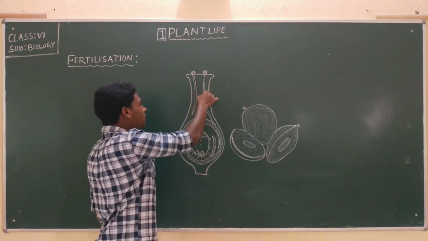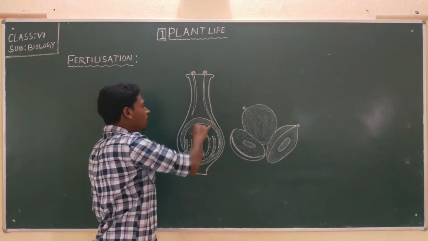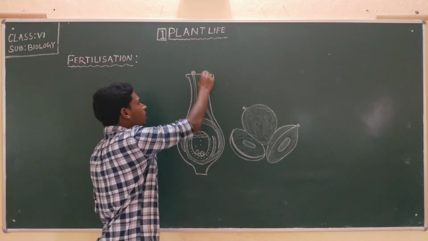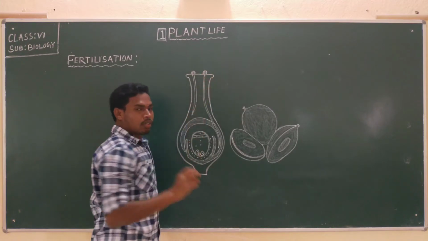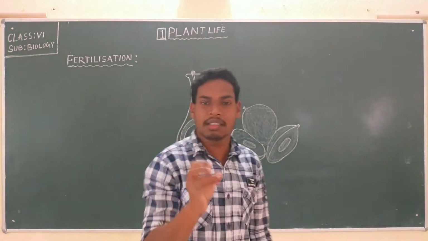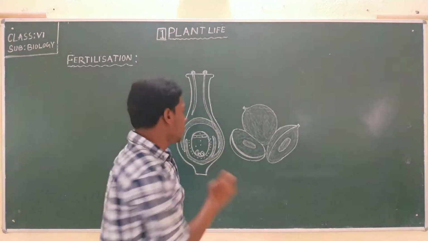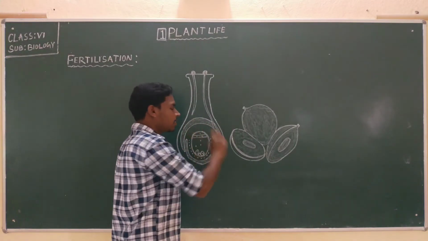Through this pollen tube, the pollen grain, which contains the male sex cell, gets inside the ovule.